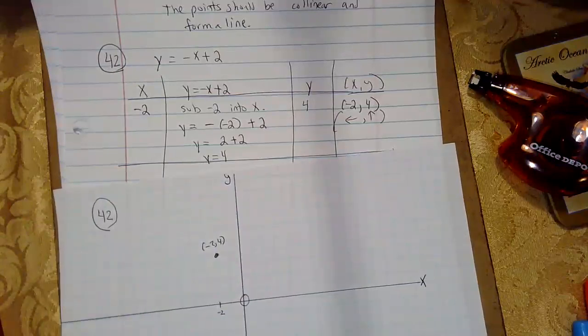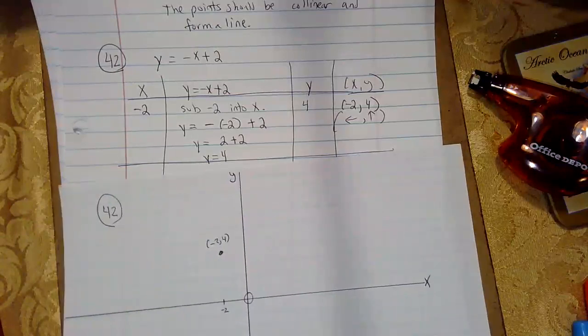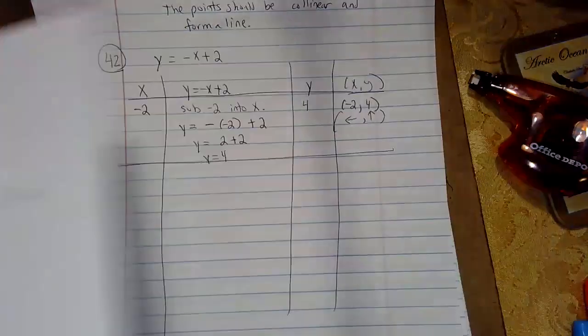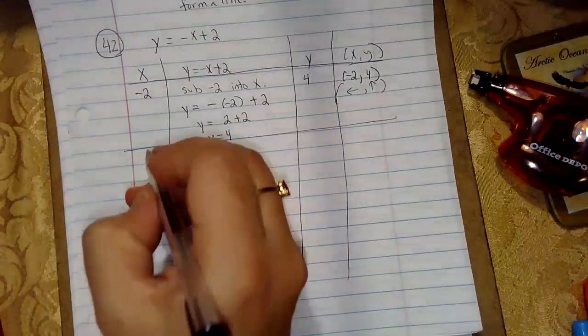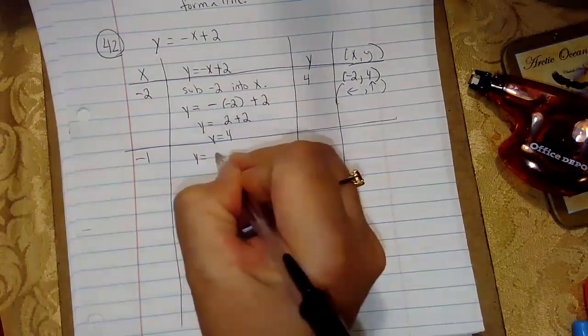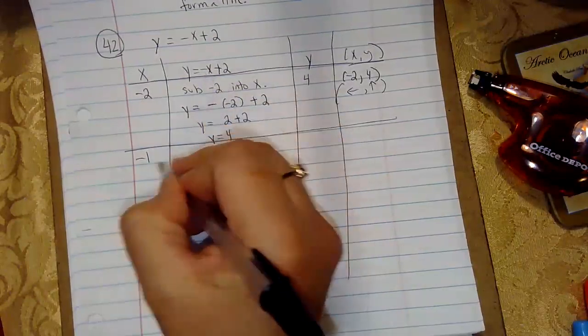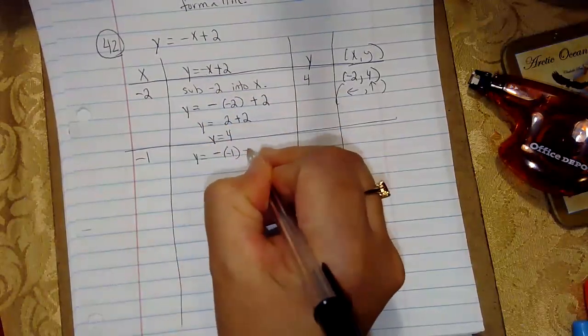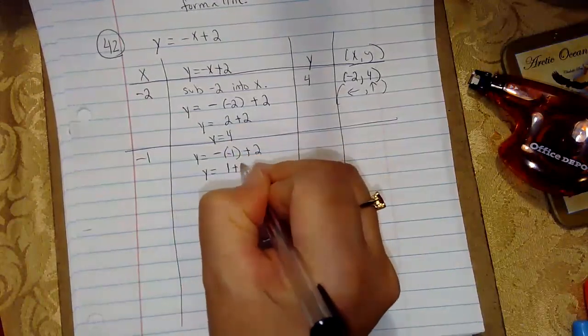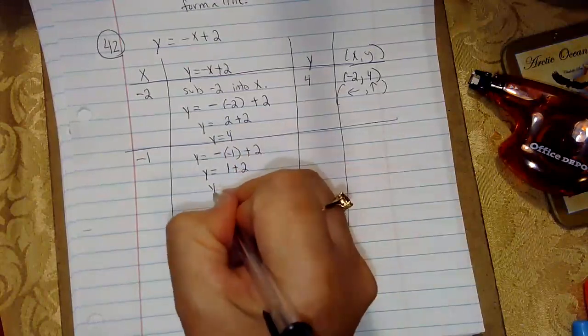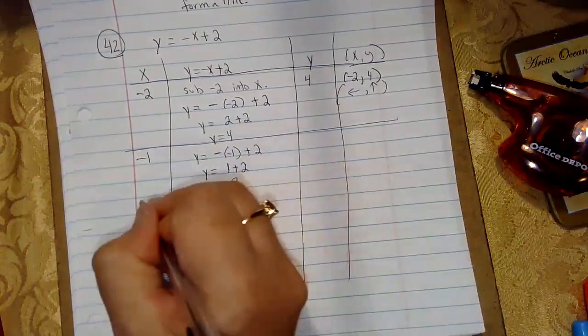Okay, so that's 4, 2. That's at least for -2. Okay, so now we have -1. Y equals a negative right here, and then a -1 plus 2. Negative times negative is a positive, plus 2, and then that gives you 3.